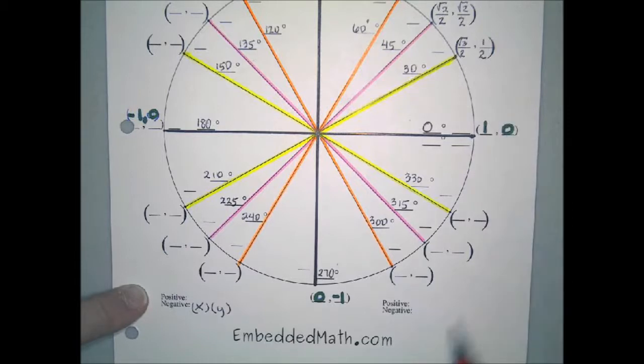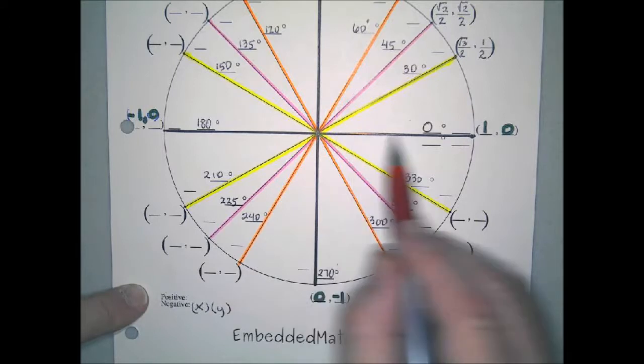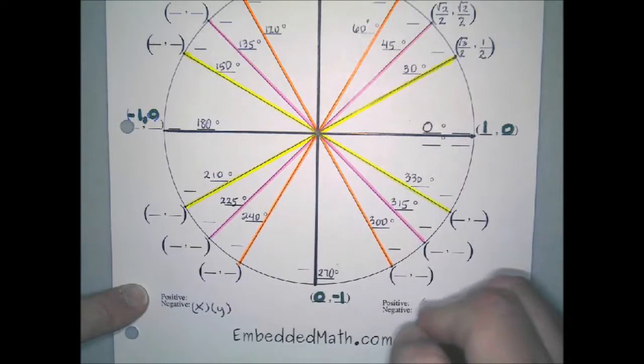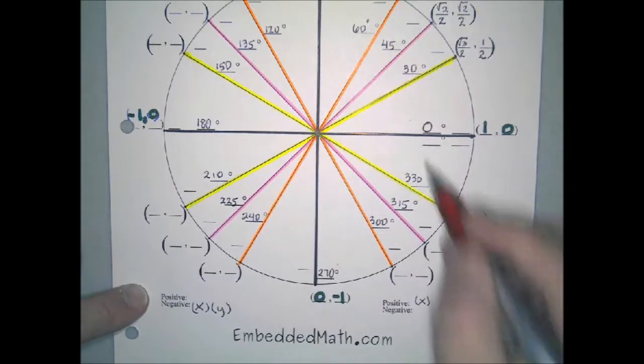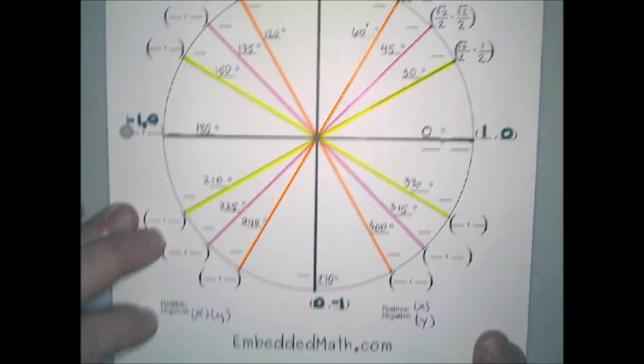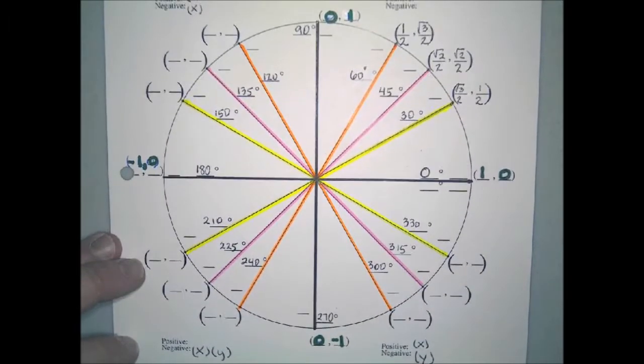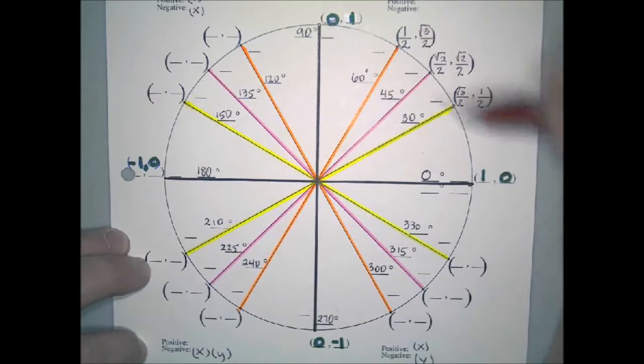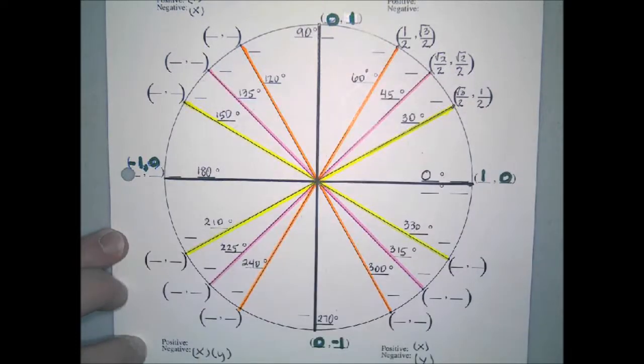Now let's go down to quadrant 4. Every single point in quadrant 4 has a certain characteristic. The x values are positive, the y values are negative. So really, if you know everything you need to know about quadrant 1, you actually know all the different ordered pairs in the entire unit circle.